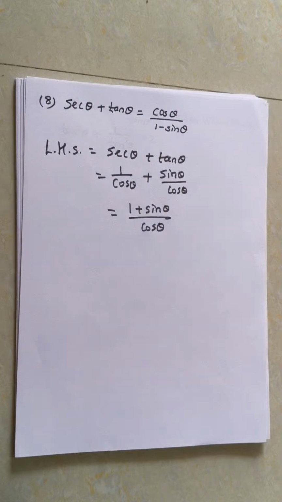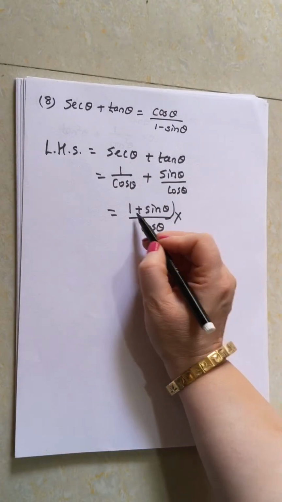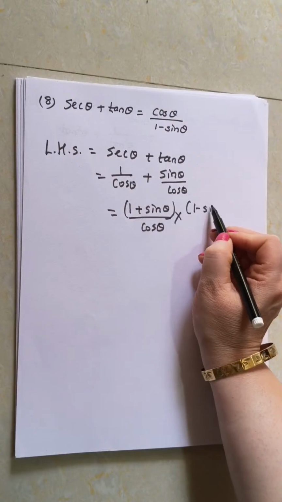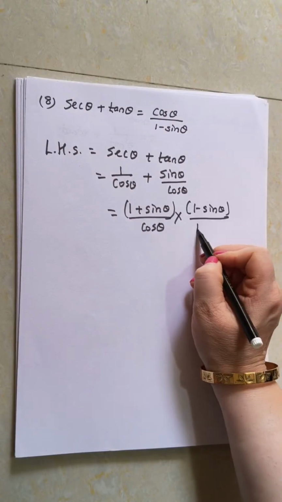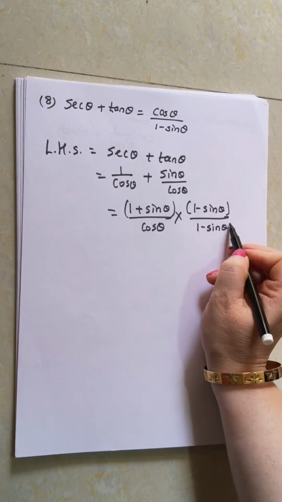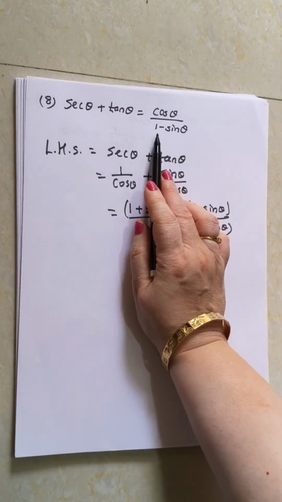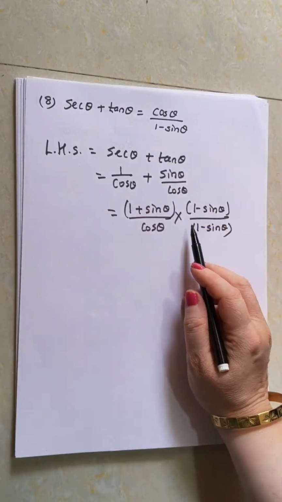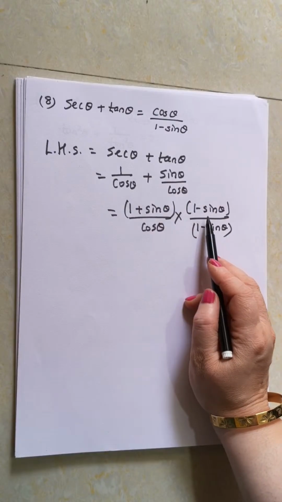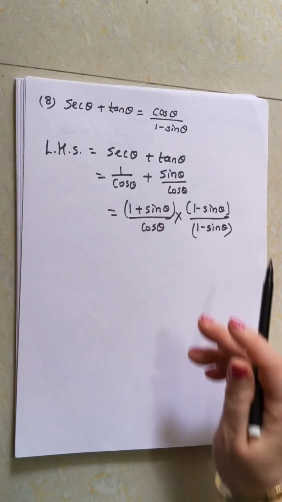So see now what we are going to do here. We are going to multiply and divide by 1 minus sin theta. Okay. So let us multiply by 1 minus sin theta and divide by 1 minus sin theta. So what is there in the denominator? That is 1 minus sin theta, and for that we have multiplied and divided by 1 minus sin theta.